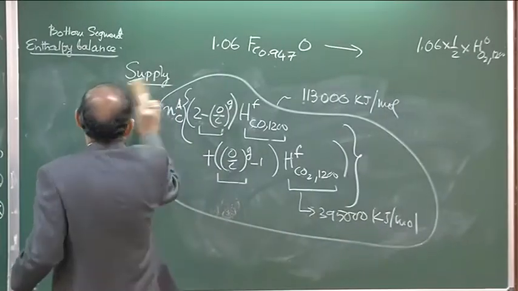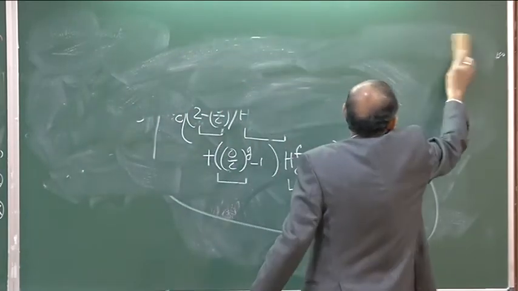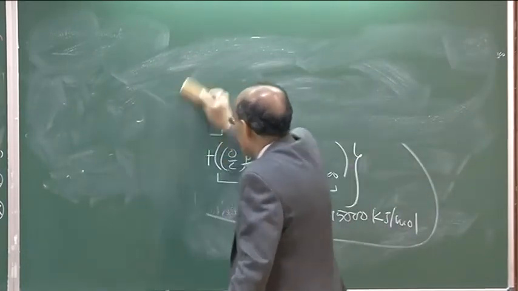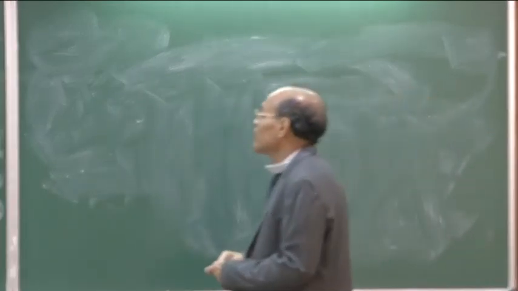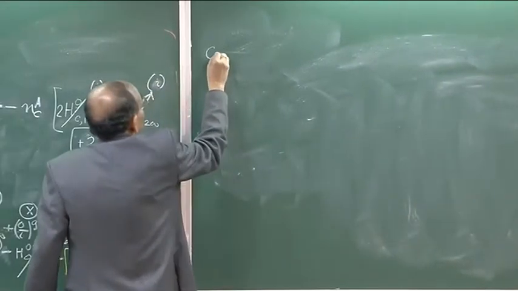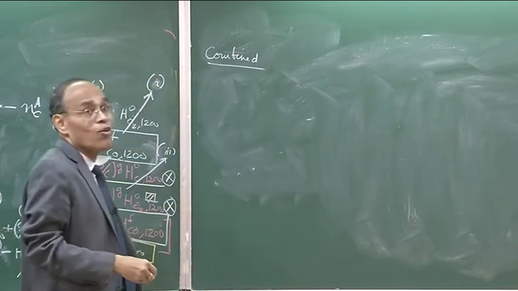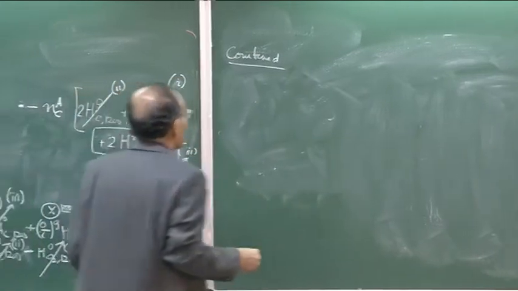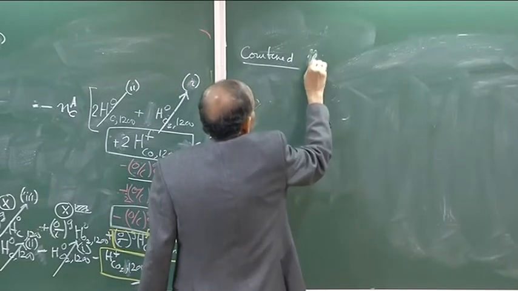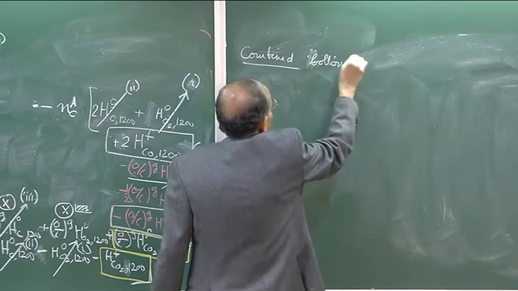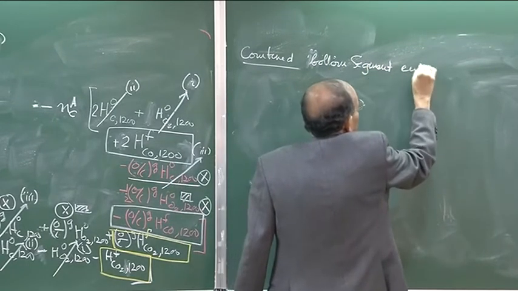So we can derive a combined bottom segment oxygen and enthalpy balance equation. This is no new equation, just a mathematical combination. We will see why we want to combine the equations, because there is a reason for it.